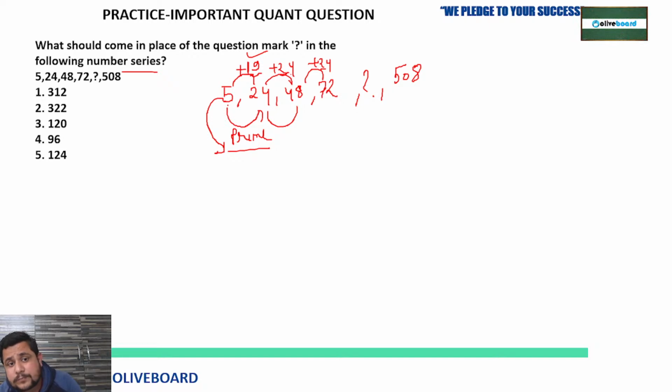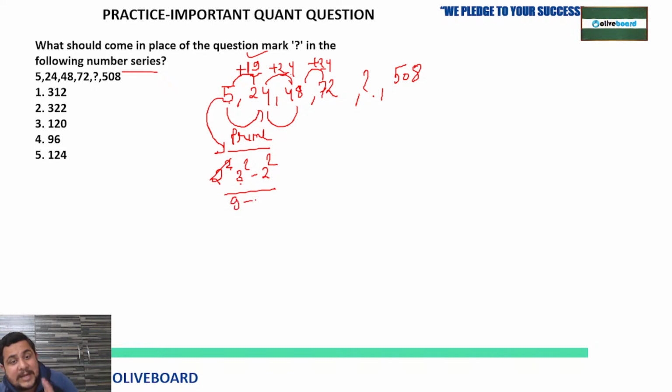So if we think about this, 5: 3 square minus 2 square. When you take this difference, 9, it is a completely different type of series.